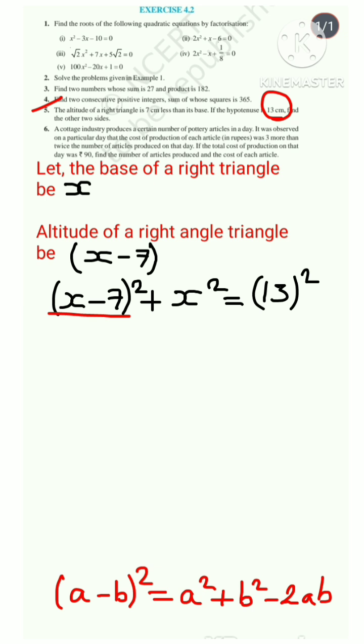Okay, by using this identity, we can expand this expression. So firstly, let's assume this is a and this is b.